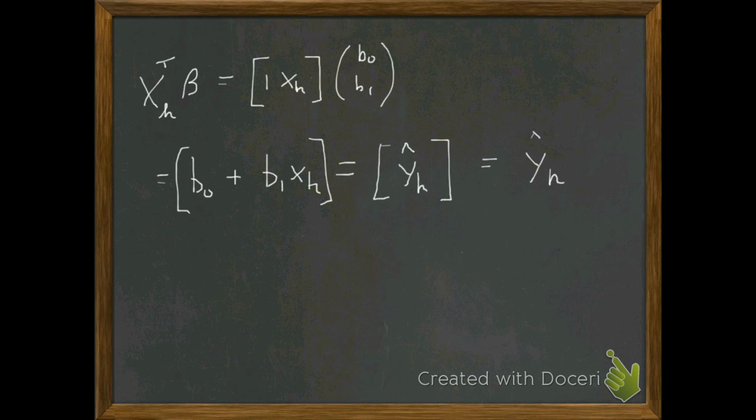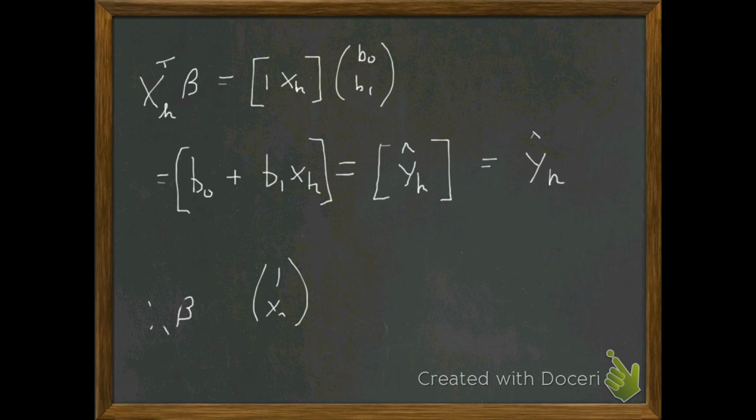I couldn't remember whether it was X transpose h or... well, it has to be X_h transpose, because think about it, guys. If we just had X_h, in this case we would have a 2 by 1 times a 2 by 1, which doesn't have a product.